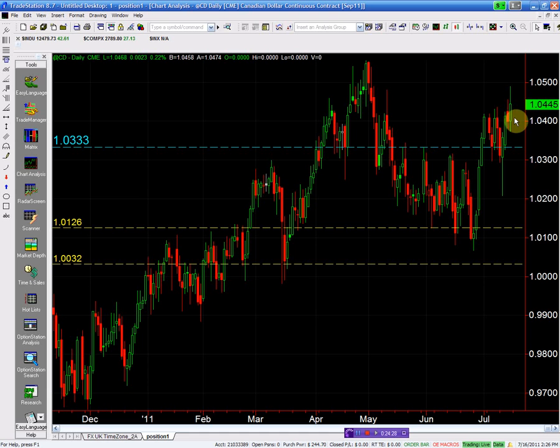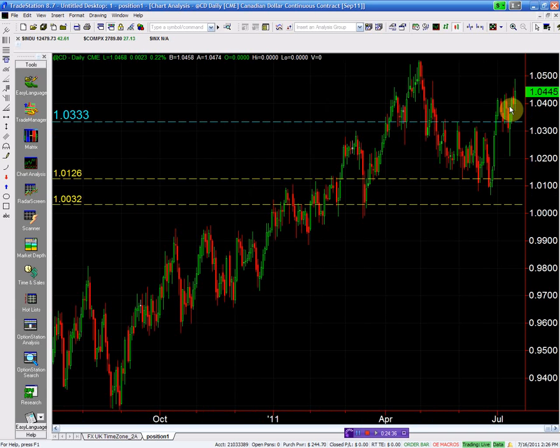And look at this. You see that the CAD is actually still moving up. Yes, it's not really a strength that you want to write home about, but it is actually moving in the same direction as gold. It is moving in the same direction as the other precious metal, which is the silver.